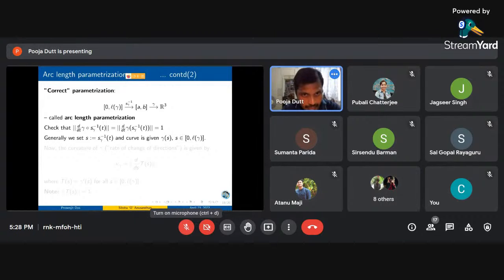It remains the same. And that parameterization is nothing but this parameterization. Since this parameterization is coming from the arc length function, we call it arc length parameterization.